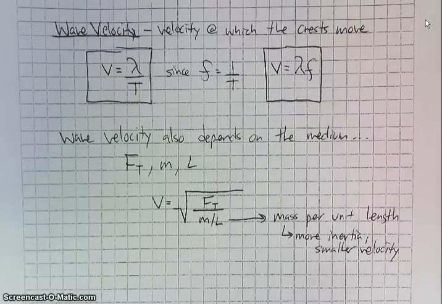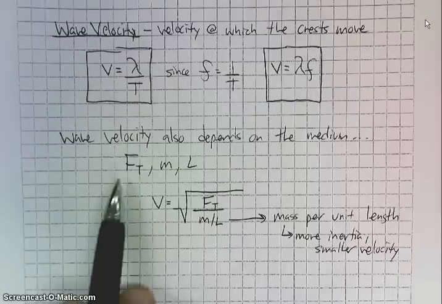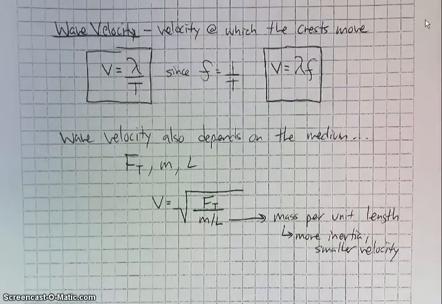Okay. Something else, though, objects that have a wave in them, like today we used a spring or a slinky. The wave velocity does depend on the medium in which the wave is traveling through. So if we had taken one of those springs or slinkies and stretched them to a much greater degree, the tension in that string or spring actually matters.